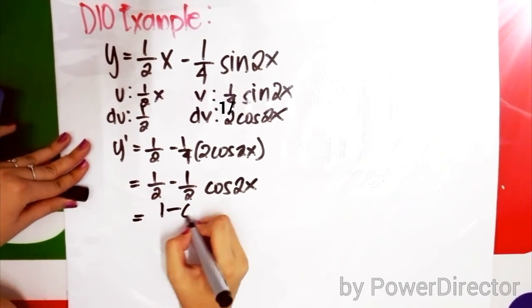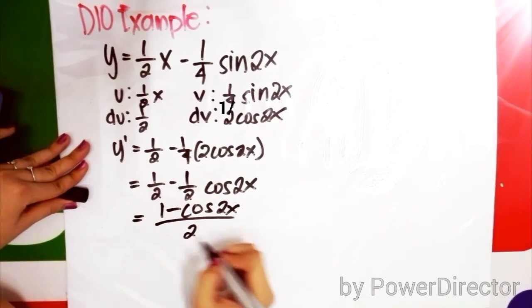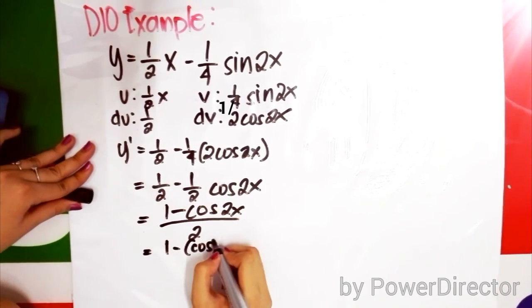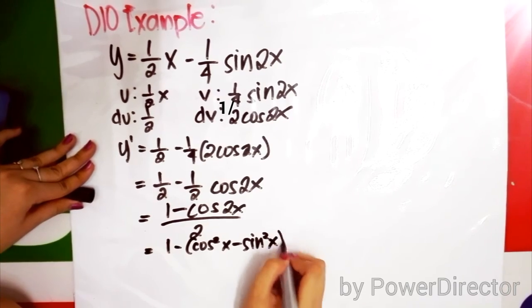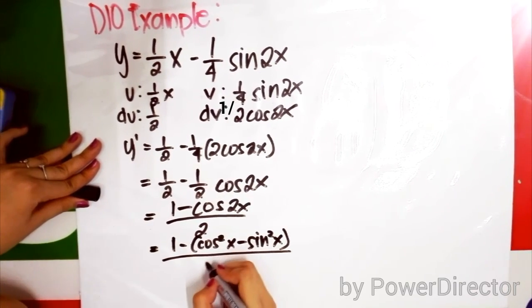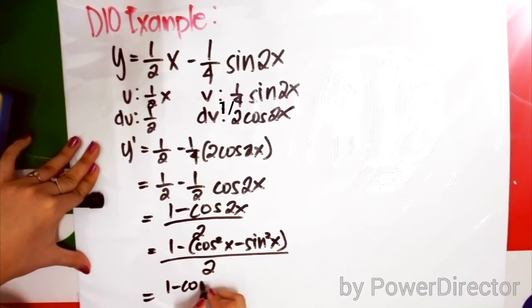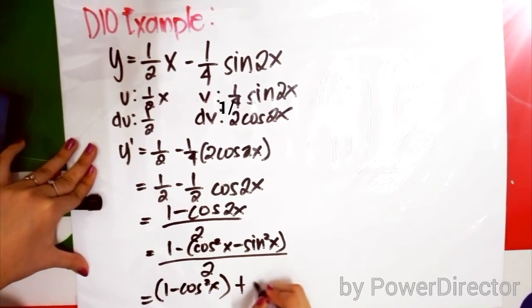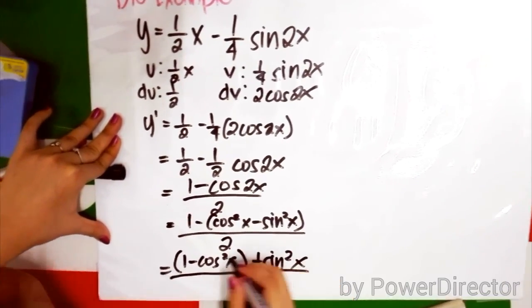Next is 1 minus cosine 2x over 2. Next, we have 1 minus cosine squared x minus sine squared x over 2. Next, we have 1 minus cosine squared x plus sine squared x over 2.